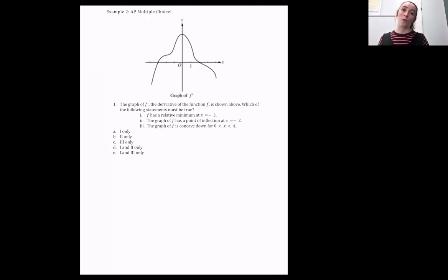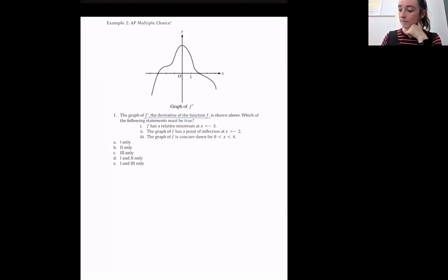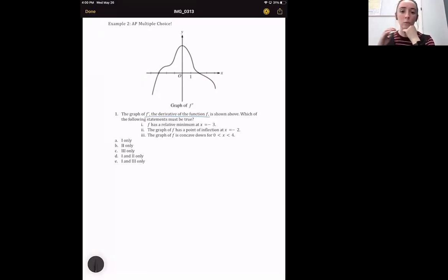Similarly to example number 1 and the examples you've seen in the practice set, we're given a graph of f prime, the derivative of some function f. We want to know which of the following statements must be true. So let's check each individual statement.